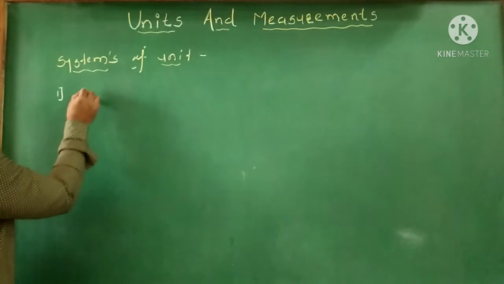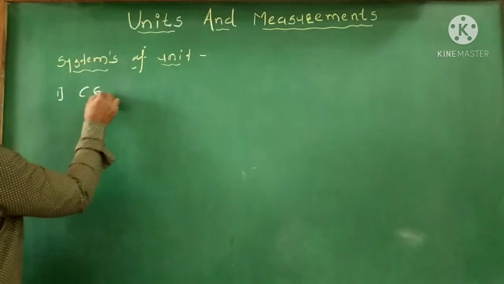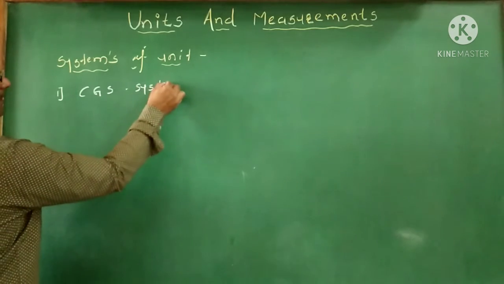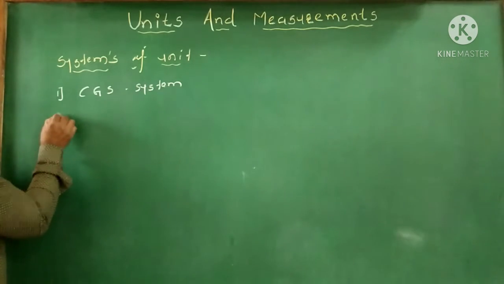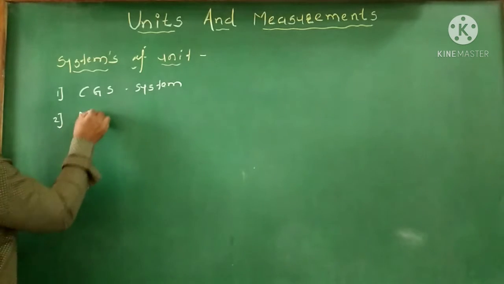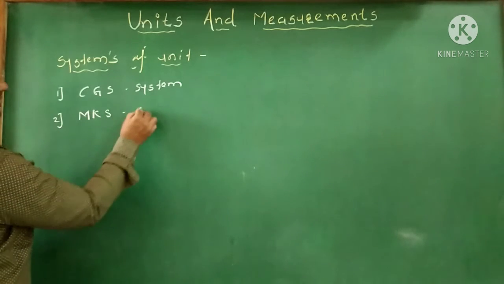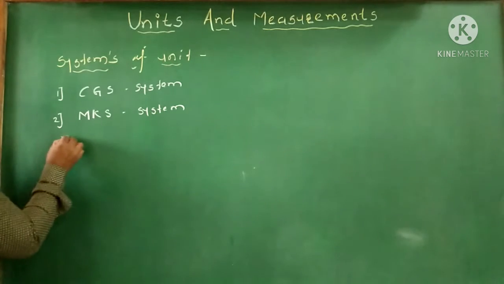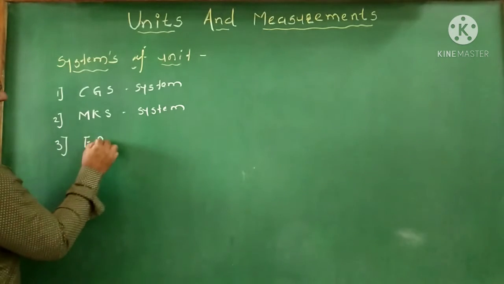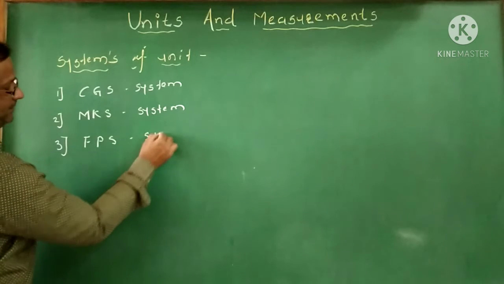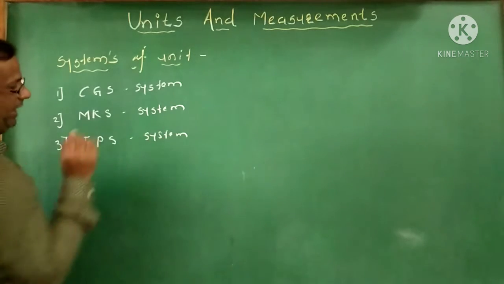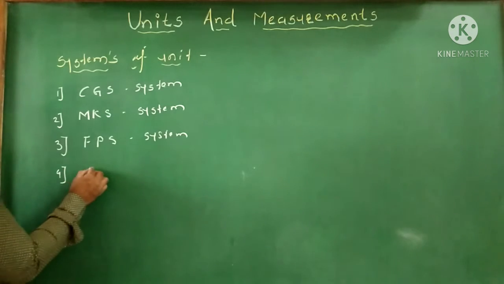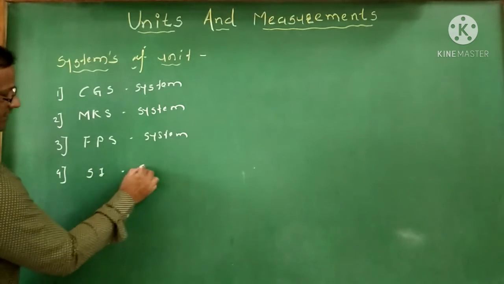First one is the CGS system. Second one is the MKS system. Third one is the FPS system. And the last one and very important is the SI system.